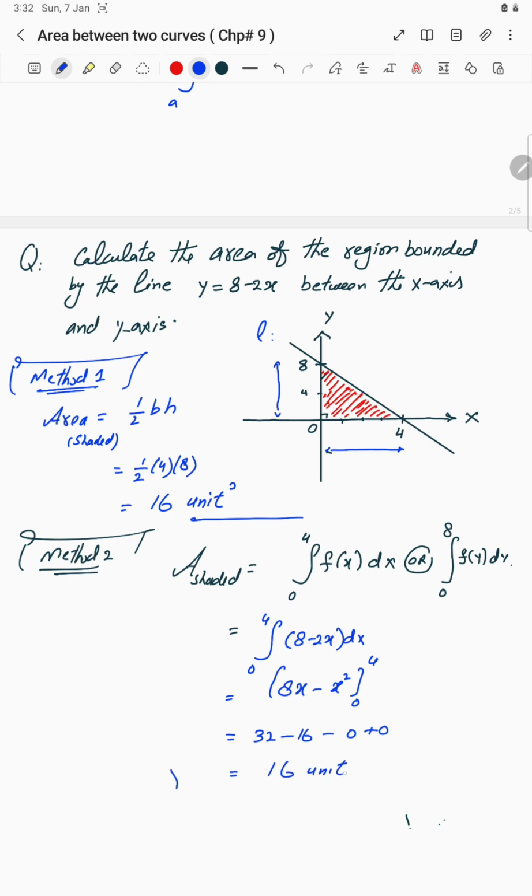So in square units, you will see the answer remains the same in either case. So this is the area shaded, by any one method. Similarly, you can apply it along the y-axis with the limits of integral 0 till 8. Again you will get the same result. You can try it yourself.